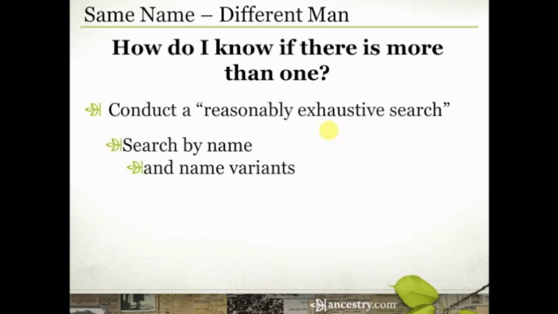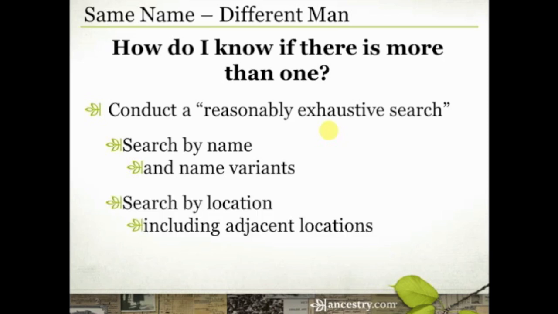So one of the ways in which I do that is when I'm looking for somebody, I search by their name and their name variants, and I search by a location, and I make sure I include adjacent locations. I include adjacent locations because boundaries are just lines on maps. There's no wall between counties or between towns.